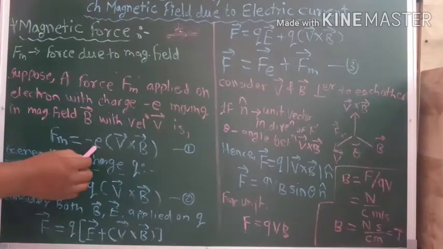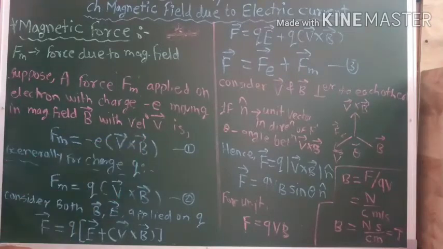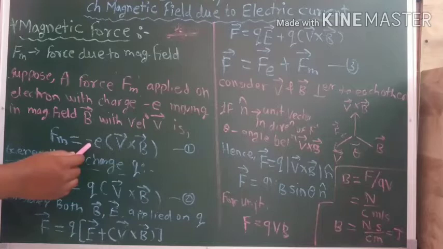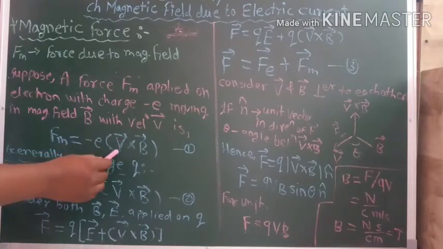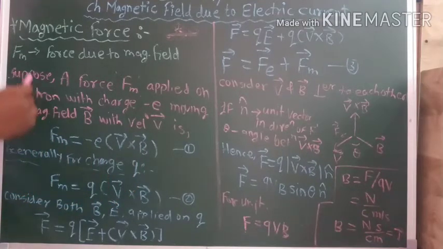Fm is equal to minus e, V vector cross B vector. We multiply the charge minus e, the velocity of the charge V, and the magnetic field B. The whole product gives the force due to the magnetic field, or magnetic force.